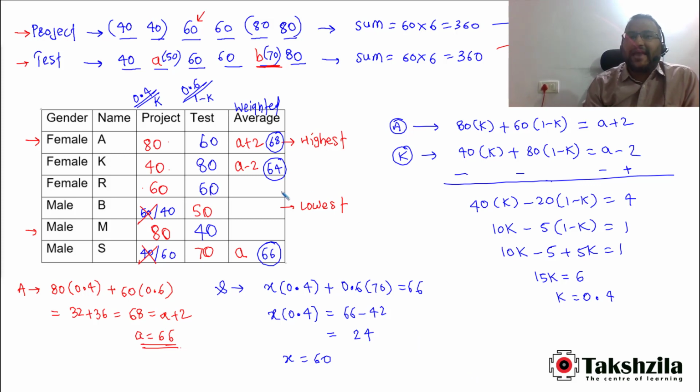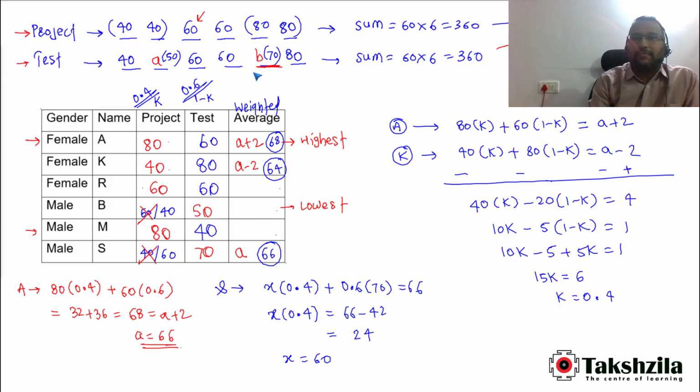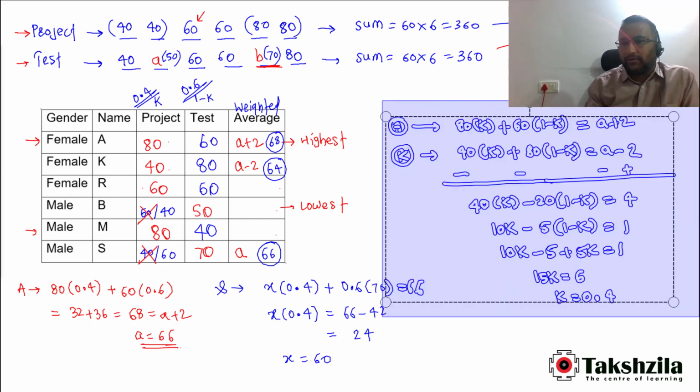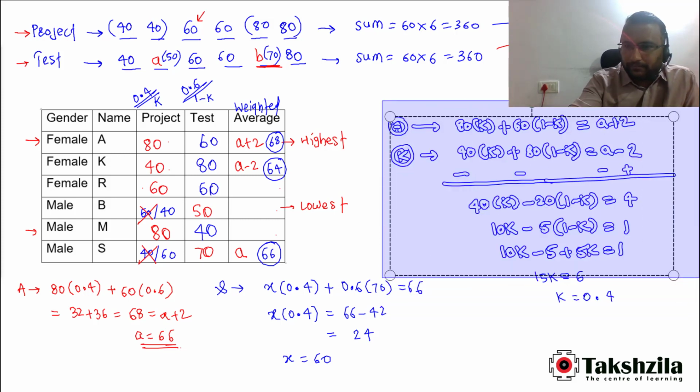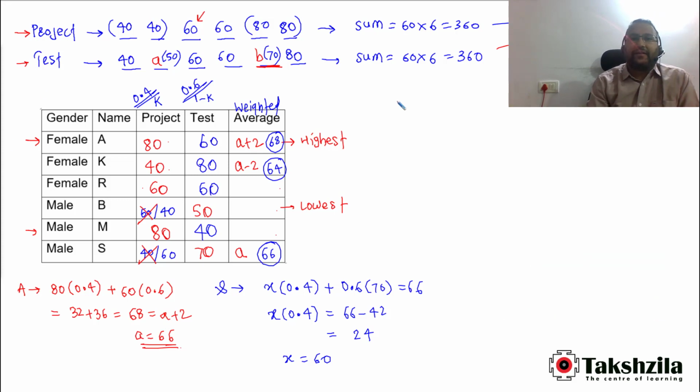So now let's find the aggregate marks of the remaining 3 people quickly, everyone. Hold on. For that, let me delete some of the calculation over here. The aggregate for R is going to be how much? 0.4 into 60 plus 0.6 into 60.